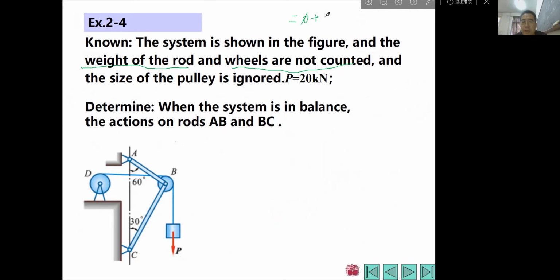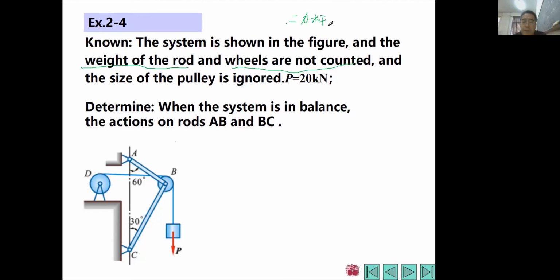Actually, we have talked about this. Because if we consider one of the bodies, like AB and BC here, because their weights are not counted, then AB and BC will be 二力杆, two-force balanced rods.